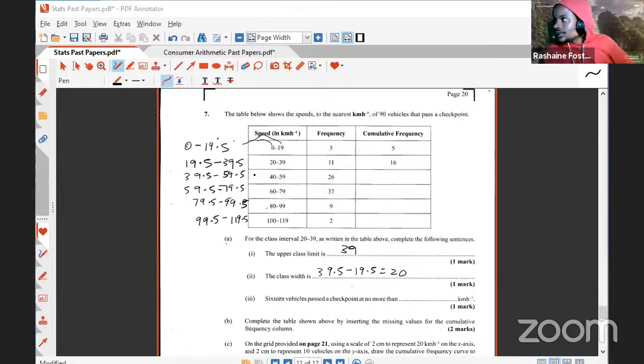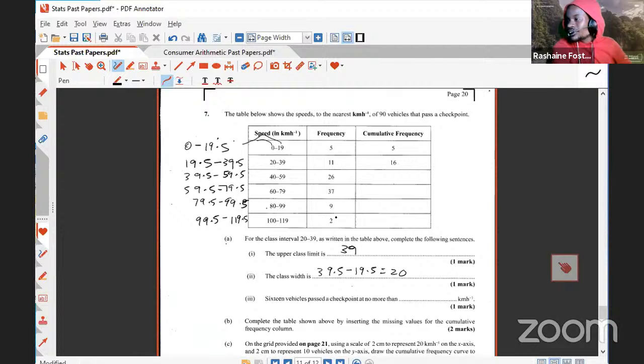Why not subtract the upper class limits to find the class width? You can do it that way as well, of course. But because they said for the class interval 20 to 39, it only has one upper class limit.